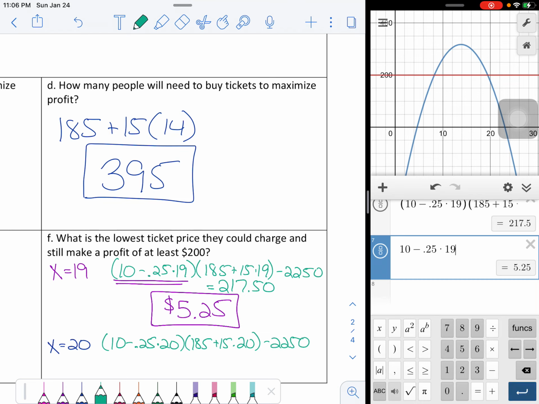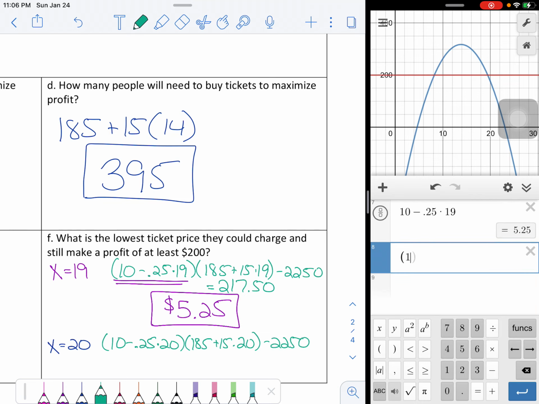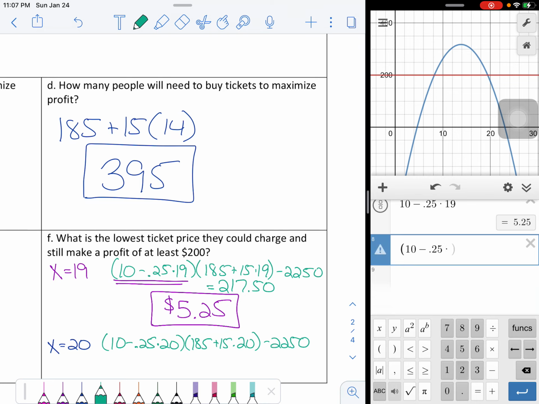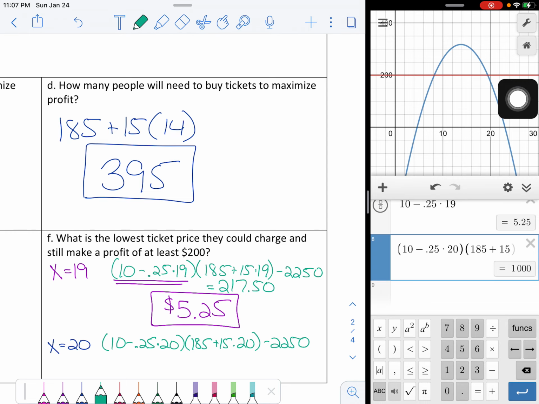And again, I'm kind of feeling like this is going to be the wrong answer. I think it's going to push it so the profits are not at least 200, but I want to double check. And basically, whatever your x value is when you check the maximum, or in this case, that intersection point, go above and below it one value and see what you get.